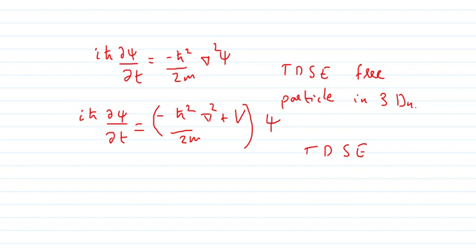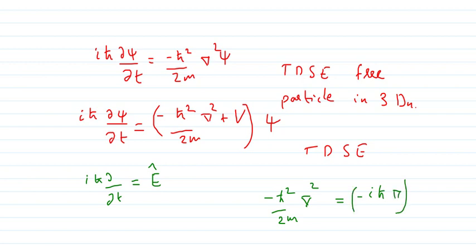This one, i h cut dou by dou t, can be identified as operator E, and also minus h cut square by 2m del square can be written as minus i h cut del into minus i h cut del.